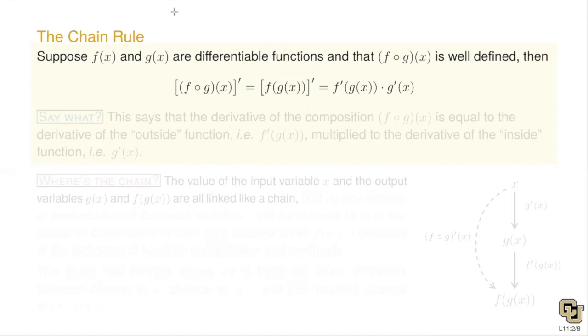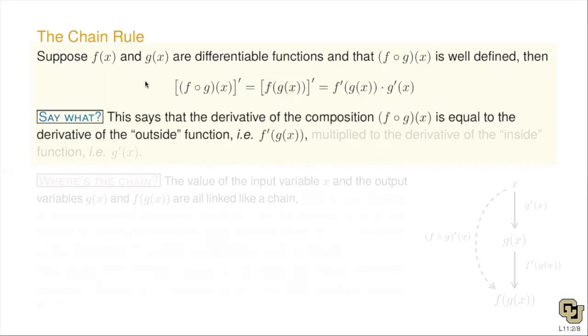The way we pronounce f prime of g of x, we refer to that as the derivative of the outside function evaluated at the inside function. So the derivative of the outside is f prime, evaluated at the inside, which is the g of x, times the derivative of the inside function. That's typically how we talk about the chain rule. It's the derivative of the outside evaluated at the inside times the derivative of the inside. That's how we say it in words.